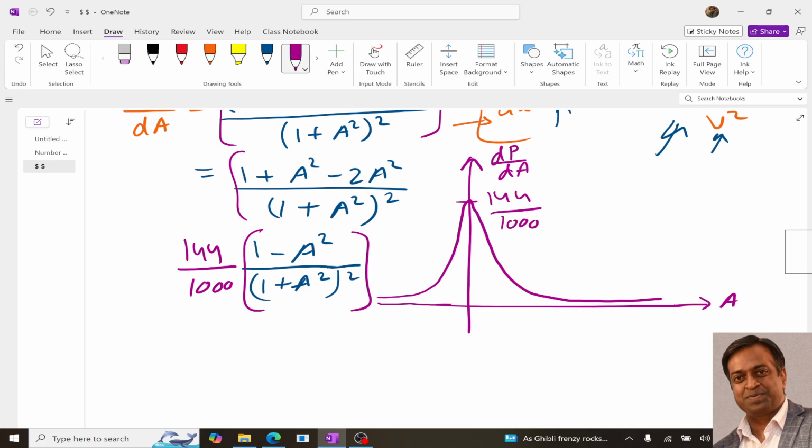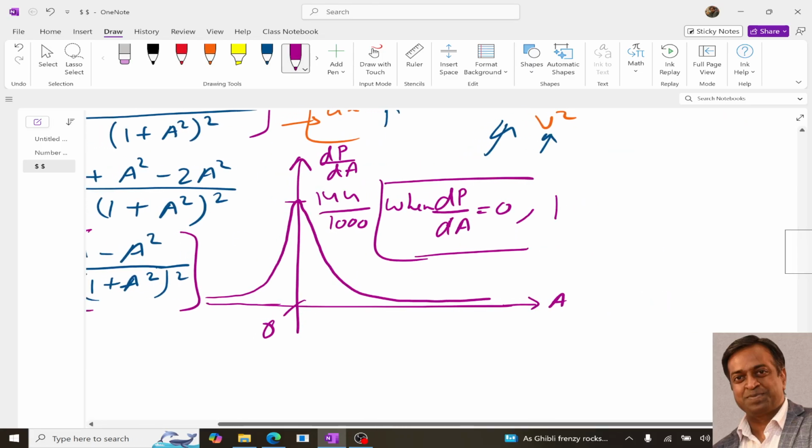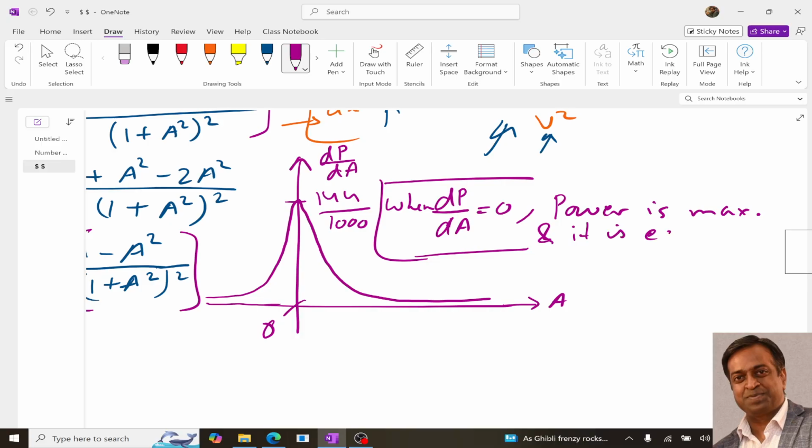So we are getting the peak value at 0. So it means that when dp by dA is equal to 0, we are getting a maximum power, and it is equal to 144 upon 1000, right?